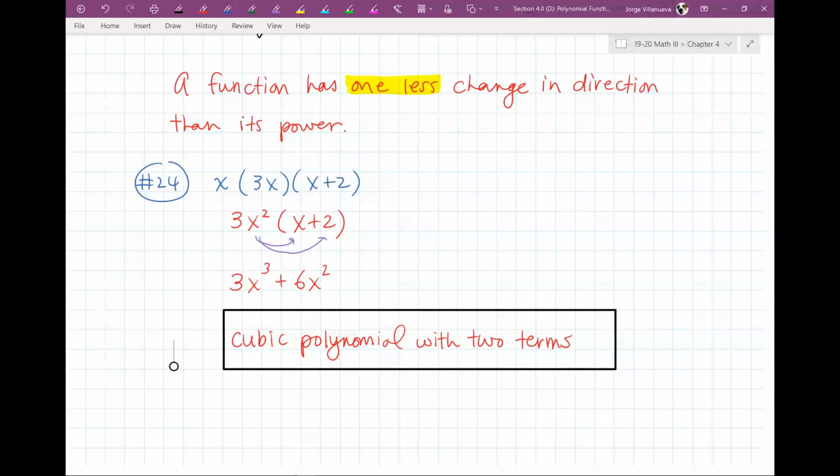Real quick, guys, number 26. What do you guys think? Is there anything that you can do to number 26? No, it's just a 5. What's the degree on it if there is no x? 0, okay, because there's no x. That means it was x to the 0, which makes the x disappear, okay?